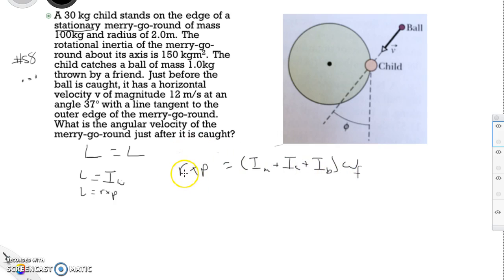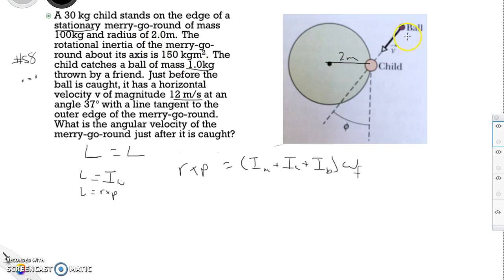For the ball, it has a mass of 1 kilogram, it's a heavy ball. It has a velocity of 12 meters per second, and the radius, this distance here, is 2 meters.